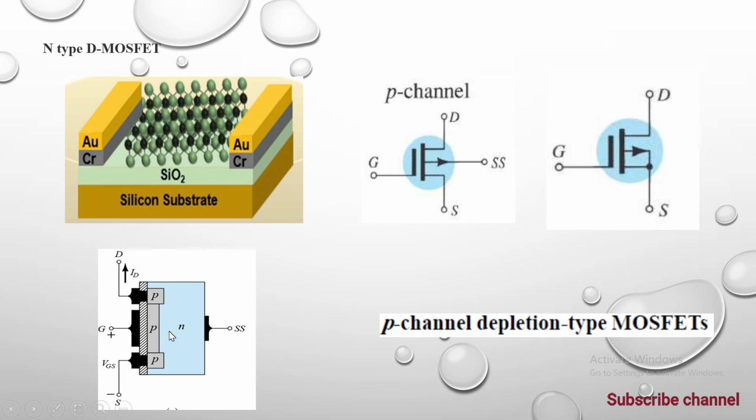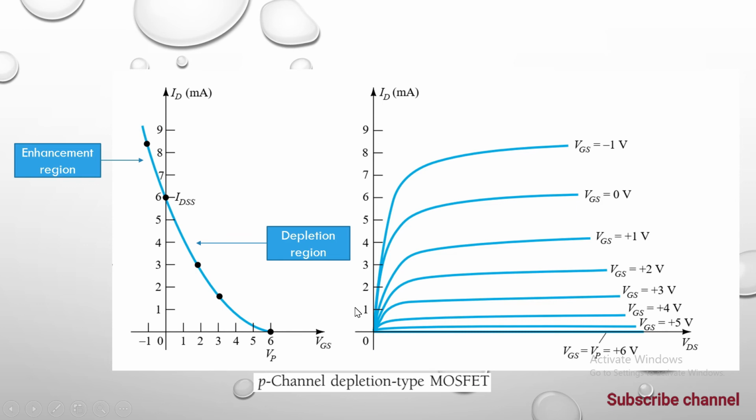The whole arrangement is similar to the n-type depletion type MOSFET, but the polarities of VGS and VDS will be reversed. Here are some characteristics for the p-channel depletion type MOSFET. We can see that when the value of VGS is 0, the IDSS is approximately equal to 6 milliamperes.